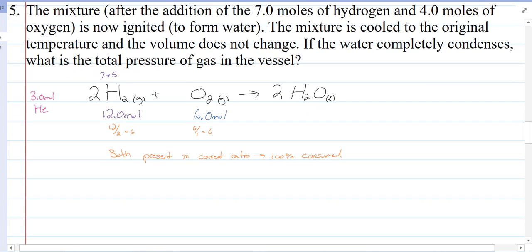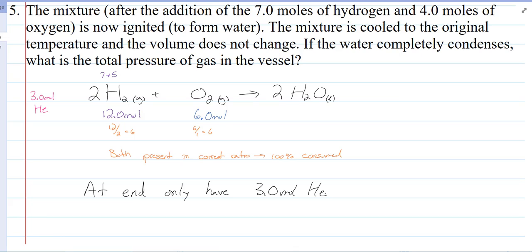So that means at the end, we only have the 3.0 moles of helium. That's the only gas in the vessel or the container. Go back to the original.